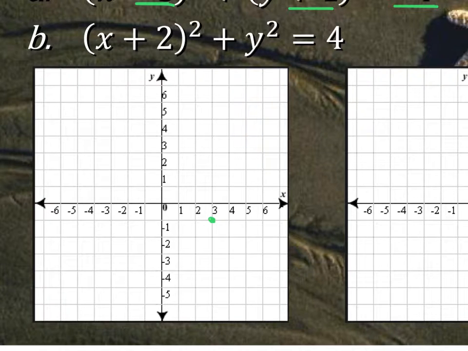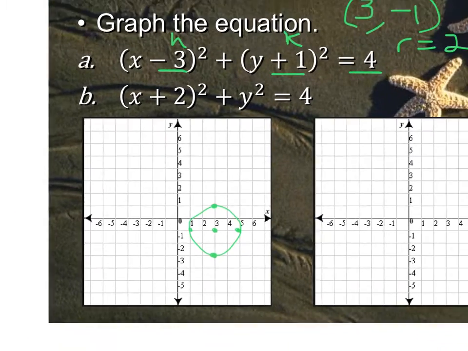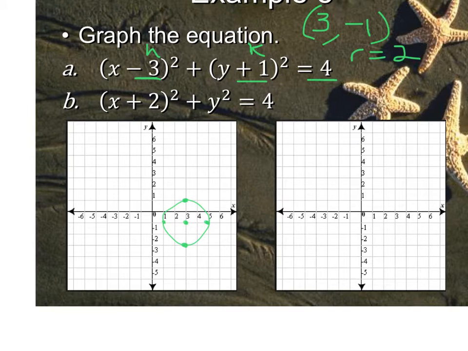I can go like the compass, go north 2, east 2, south 2, west 2. So count 2 squares up and put a dot there, 2 squares to the right, 2 squares down, 2 squares left, connect your dots, and form your circle. And that would be the graph for part A.